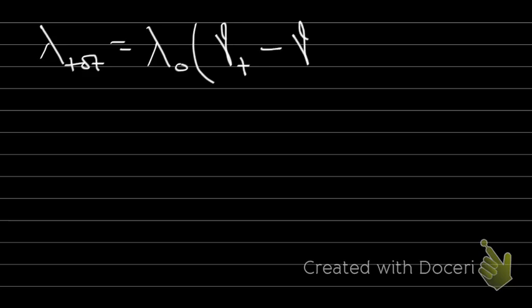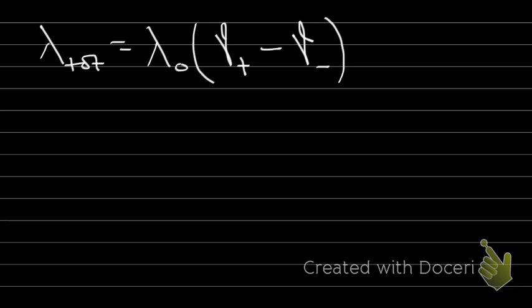The total charge density was simply the sum of your charge densities, lambda plus and lambda minus, and we wrote it in terms of lambda naught, that is the charge density of the wire in its own rest frame, with lambda naught outside and then gamma plus minus gamma minus, right?